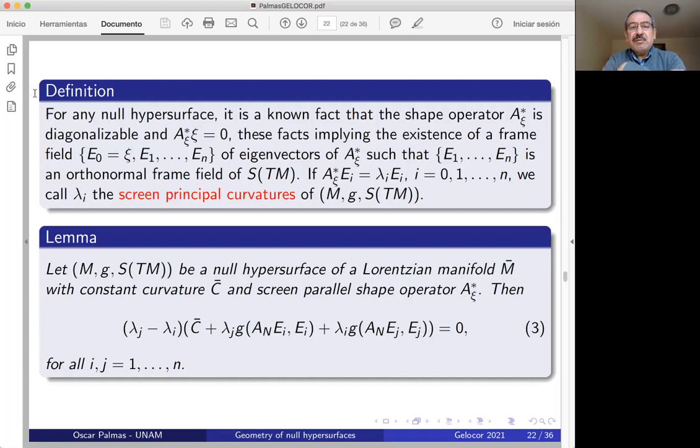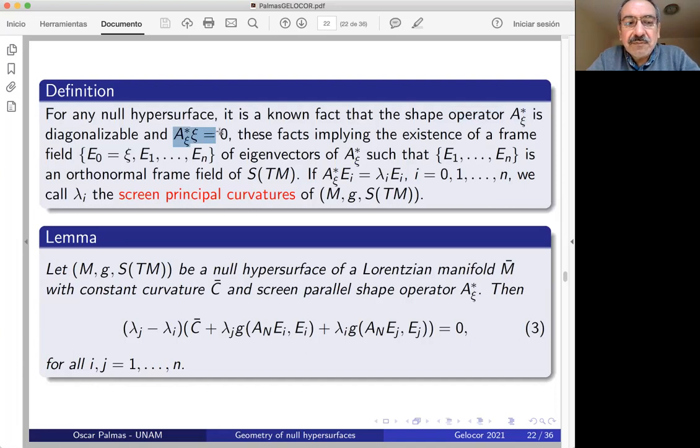Well, let's see what happens in this case with the principal curvatures. Let us recall the definition. We know that the shape operator here can be diagonalized, and it also has a zero eigenvector.